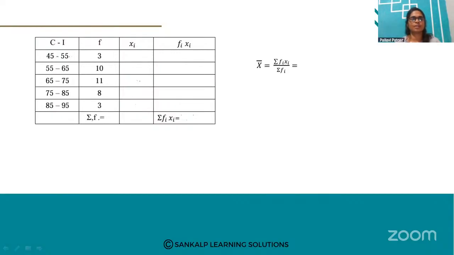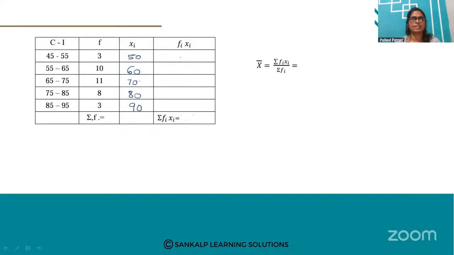So here 45 plus 55 divided by 2 is 50. 55 plus 65 divided by 2 is 60. 65 plus 75 divided by 2 is 70. 75 plus 85 divided by 2 is 80. 85 plus 95 divided by 2 is 90. So now calculate the product of the frequency and class mark for each interval.